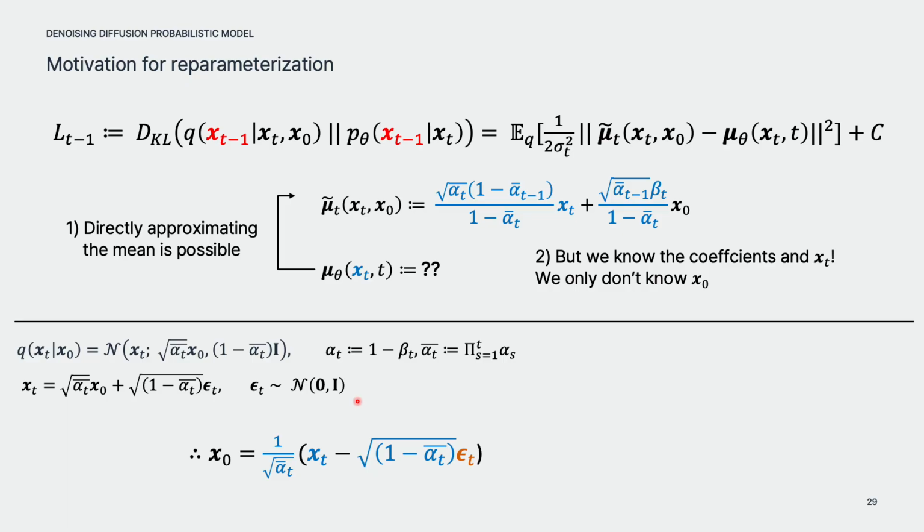But by reversing this formula, we can get x0 from xt in a closed form solution like this. So through this reparameterization, we isolate the randomness of xt into epsilon t. So again, this alpha t is what we know and xt is given. So now epsilon t is the only vector we need to model. We only don't know the epsilon t.